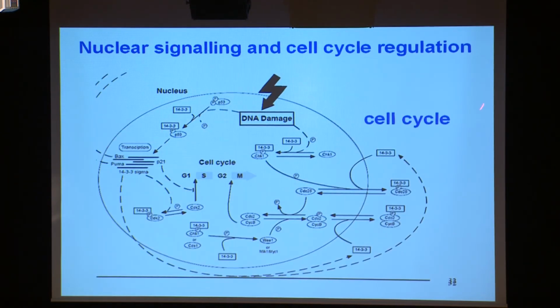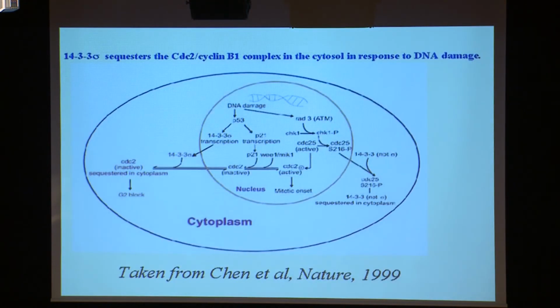I'll mention one example, the role of 14-3-3 in regulating the cell cycle in response to DNA damage. It's been shown by other groups that 14-3-3 can help prevent cells replicating if they are damaged. And how this works is as follows. In response to DNA damage by radiation or mutagens, this can stimulate the synthesis of p53 protein, a transcription factor, which enhances the transcription of one specific 14-3-3 isoform called 14-3-3 sigma.